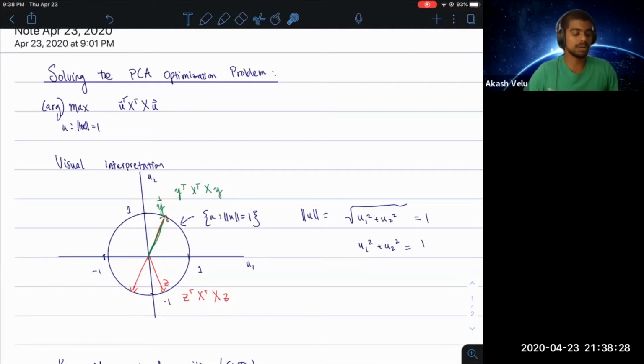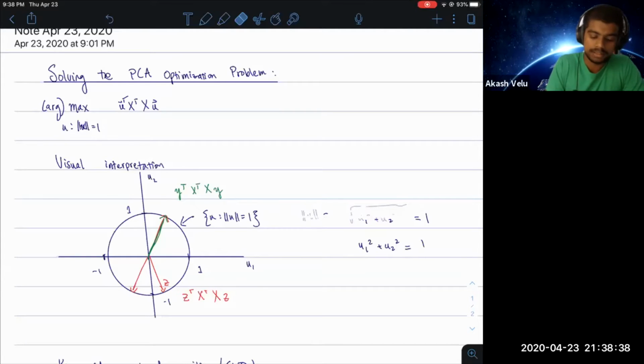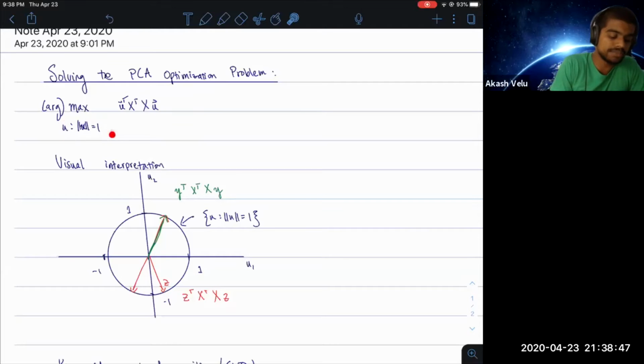And first, I'm going to go over a visual interpretation of the problem. Okay, so let me erase some of this scratch. If you notice the optimization problem, we're optimizing over the set of vectors U such that the norm of U is equal to 1.